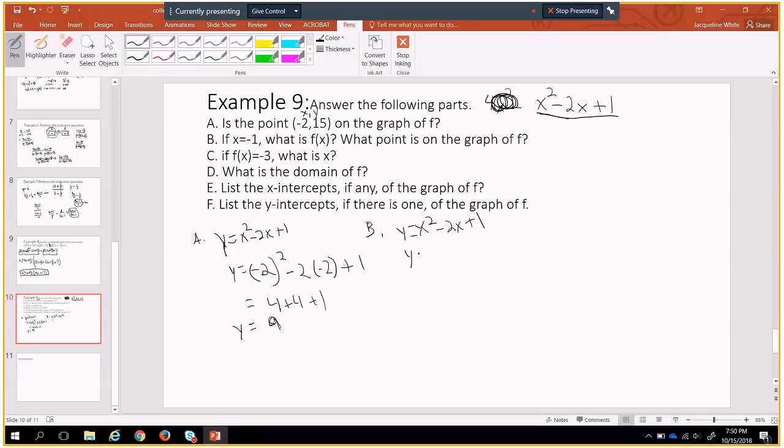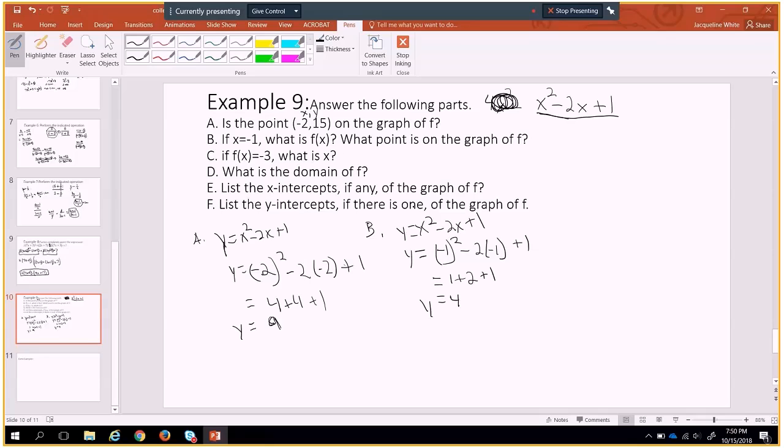So we plug in the -1 for all the x's. -1 squared is 1. Minus 2 times minus 1, that's plus 2. Plus 1, that's equal to 1 plus 2 plus 1, which is equal to 4. So y is equal to 4. All right. So that's what f of x is equal to when x is equal to -1.